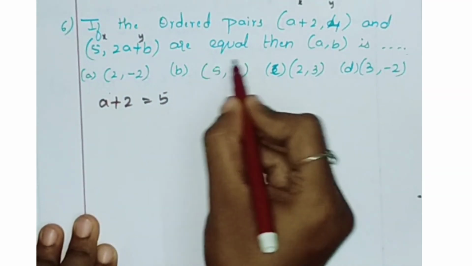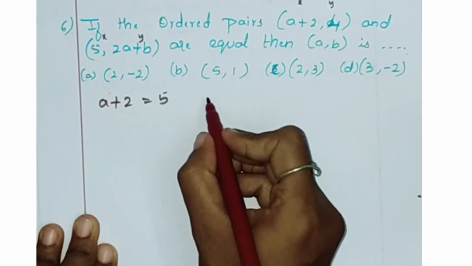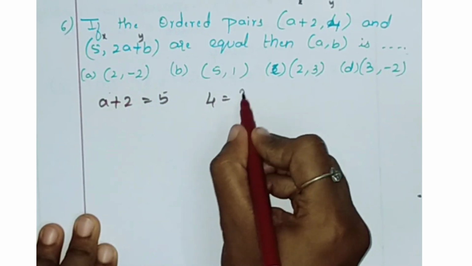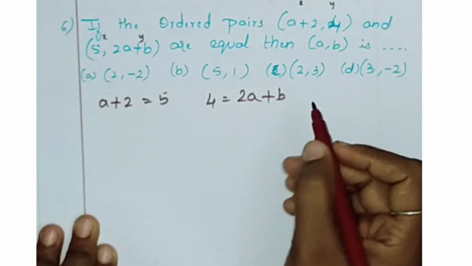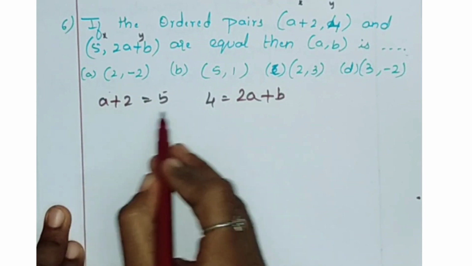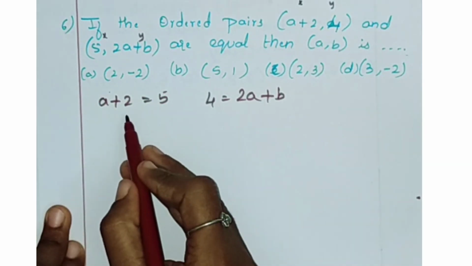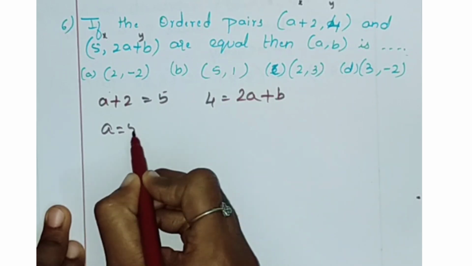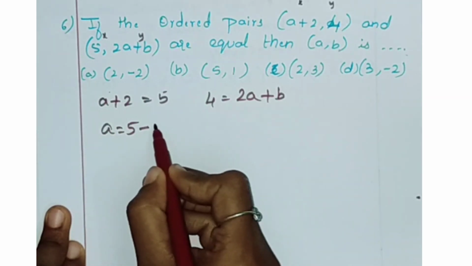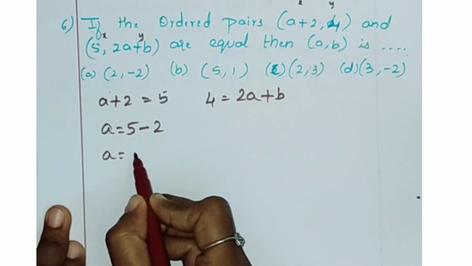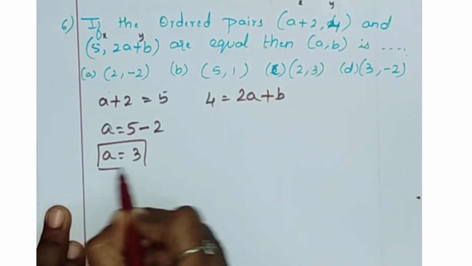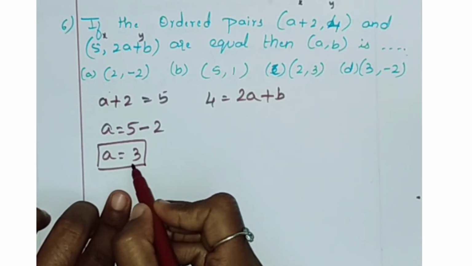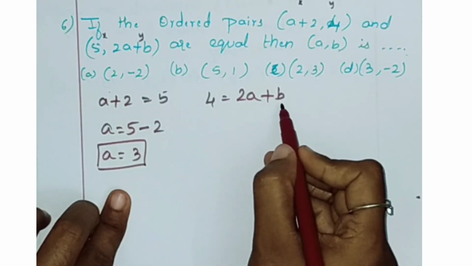They have said they are equal. Next, 4 is equal to 2a + b. First, with the help of this equation, we'll find a. So a is equal to 5 minus 2, shifting that side, which becomes minus 2, that is a is equal to 3.